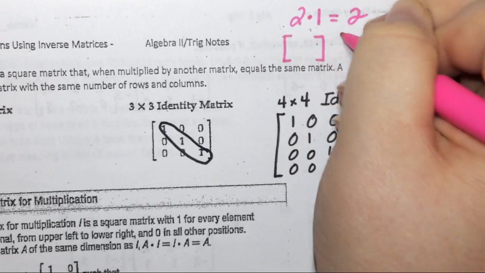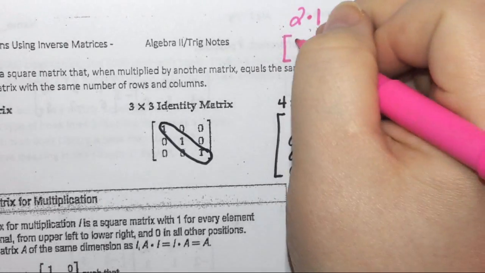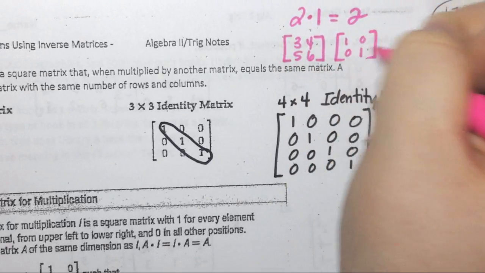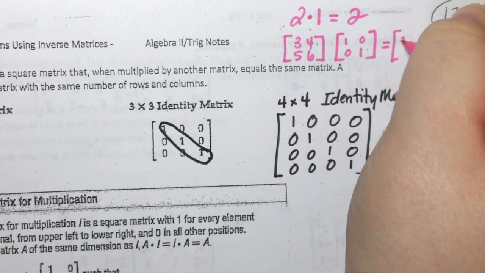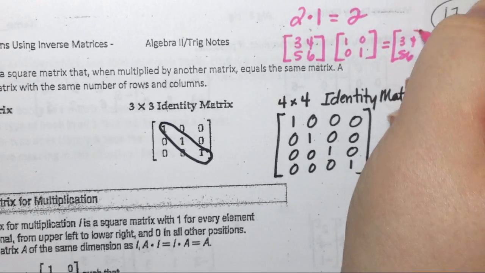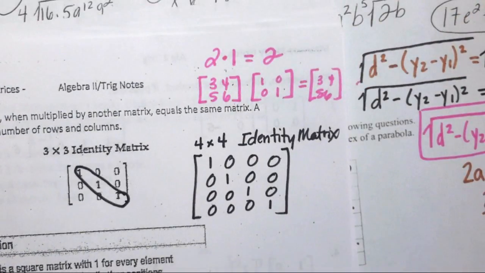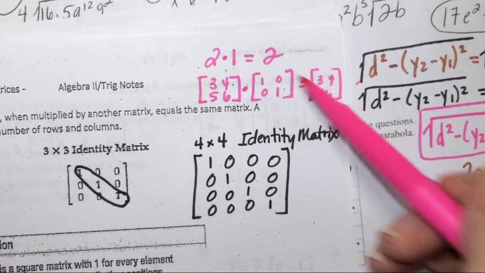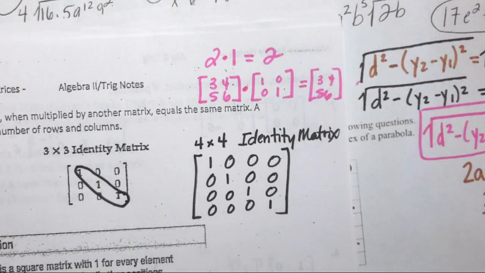If we take a matrix, I'll make one up, 3, 4, 5, 6, and multiply it by this identity matrix, we're going to get back 3, 4, 5, 6. So an identity matrix is just like when we multiply in regular math class by 1. It ends up giving you back what you already had.